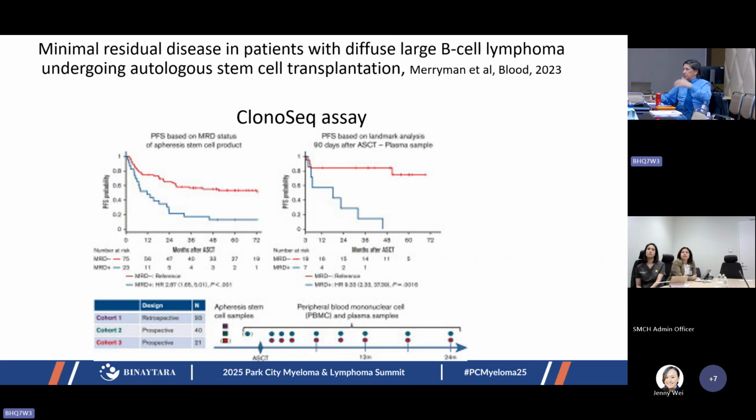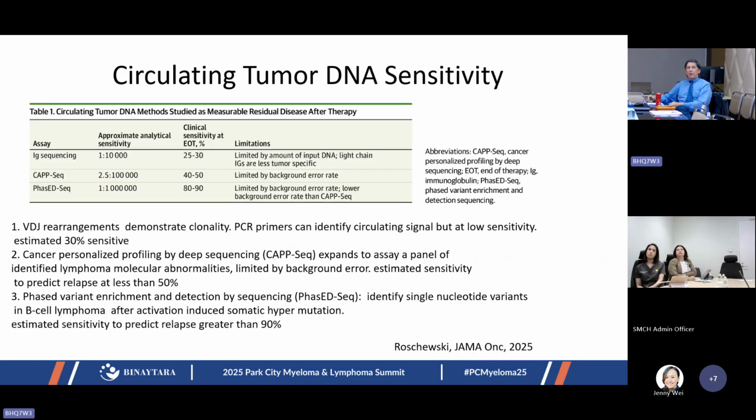So our tools right now are flow cytometry and PCR. Well, now we have circulating tumor DNA. This is now a commercial assay that's available. And so I have to go through this slowly. Immune globulin sequencing, that's our clone-seq, 1 in 10,000 routinely. At the end of treatment, 25 to 30% of patients will give you a signal. There's a thing called CAP-seq, which is cancer personalized profiling by deep sequencing.